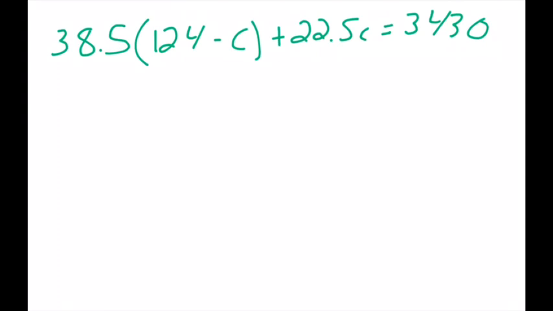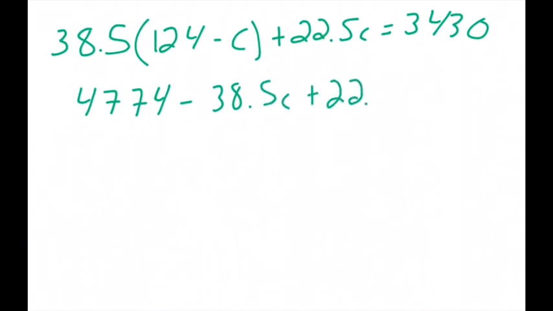Now we need to distribute that 38.5 through. That's going to give us 4,774 minus 38.5c plus 22.5c equals 3430. We've got some really big numbers going on here, so we need to be careful. Pay attention to your details.